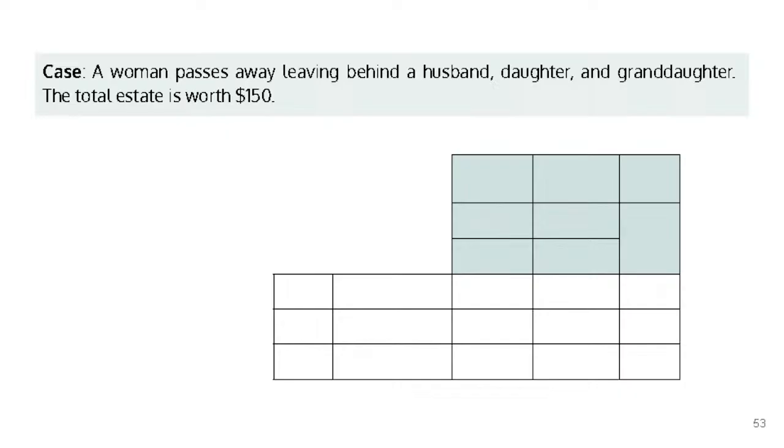Okay, so what's the answer? Husband gets? Okay, originally, how much does the husband get? 1/4, and then daughter? 1/2, granddaughter? 1/6. So the base is 12, and when we add it together, 3, 6, 2, we get 11.